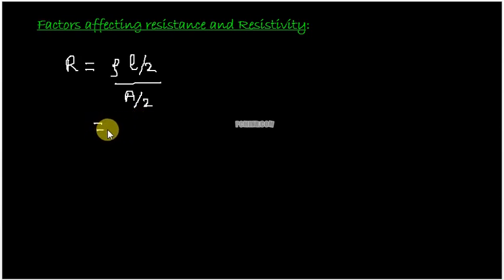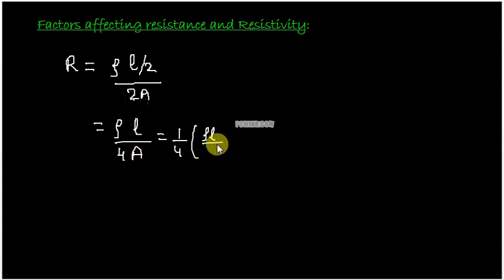So how would the resistance get impacted? We have the length becoming half and the area becoming double, so you have 1 upon 4 times rho L by A. Just take out this 4 outside. Inside you have rho L by A, which is the original resistance. So the resistance becomes 1/4 of the original resistance.